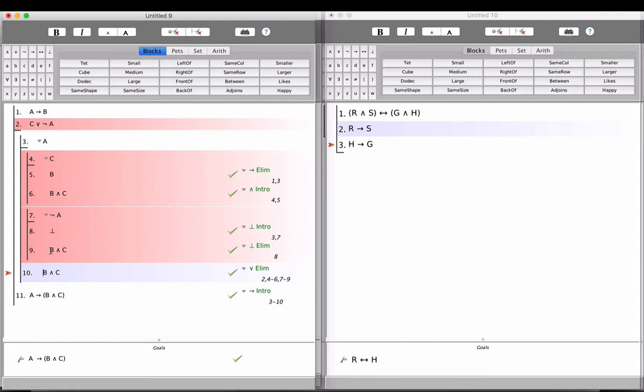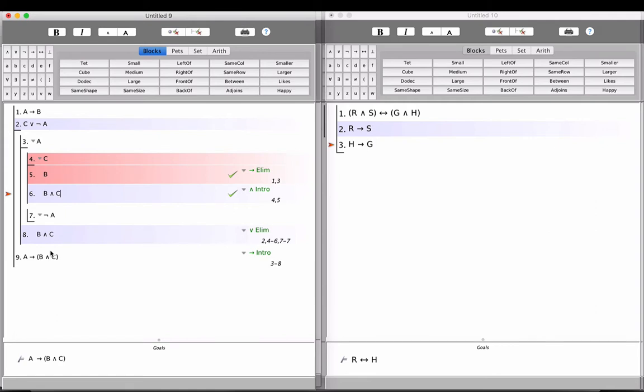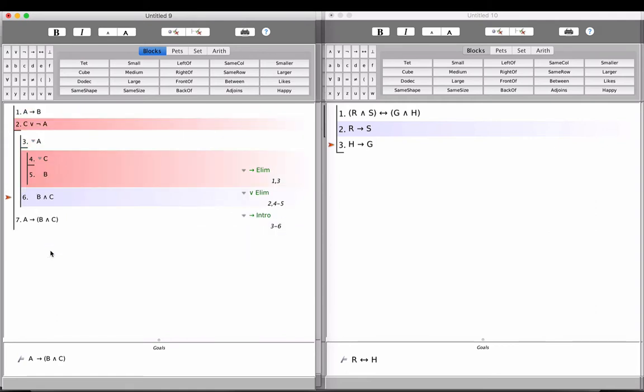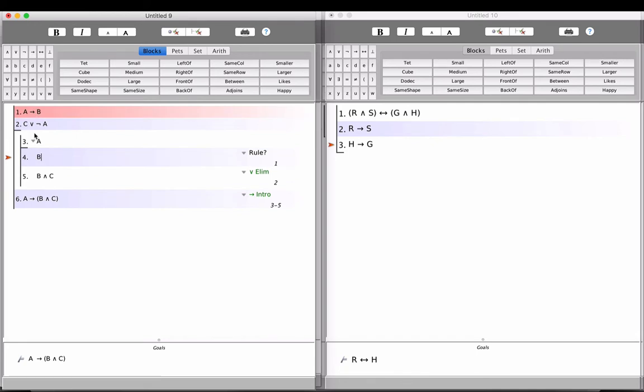All right, so now let me go back to the way that we originally were thinking about proceeding, and that is as follows. Once I have the assumption A, I said, oh, I can infer B, right?